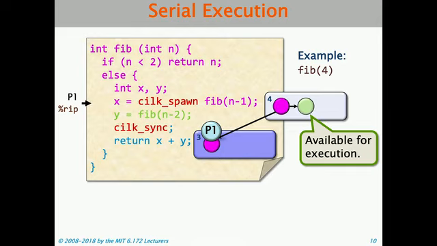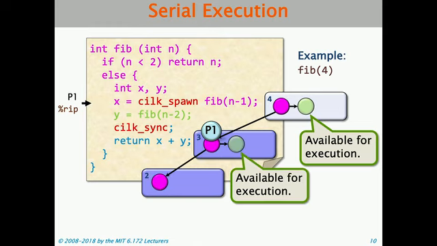It executes the pink strand up until the Cilk spawn, just like ordinary serial code. The spawn occurs, and we've already seen this picture before. The spawn allows another strand to execute in parallel, but it also creates a frame for fib of 2. And the processor dives into fib of 2, resetting the instruction pointer to the beginning of fib.